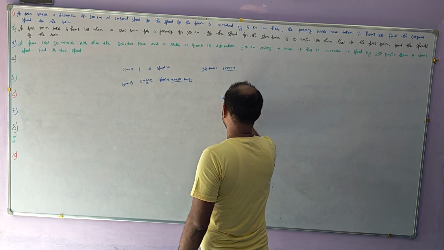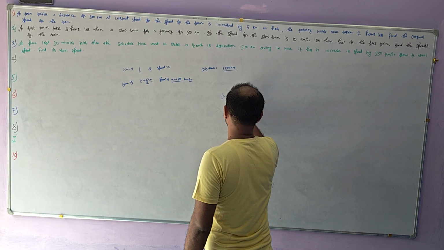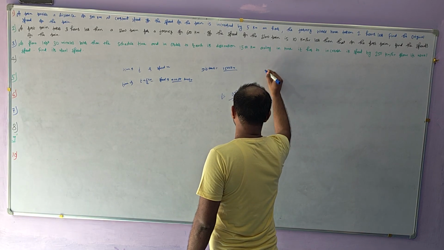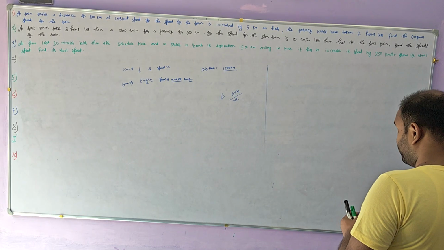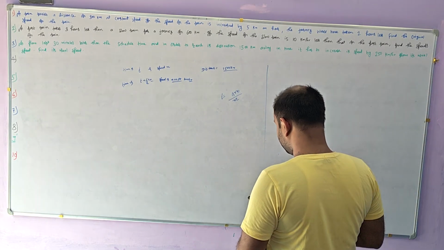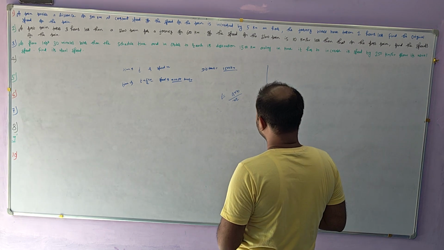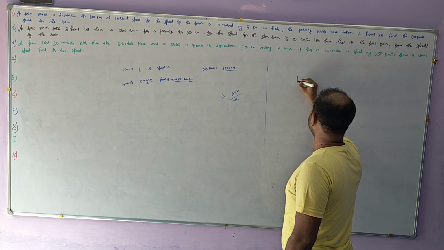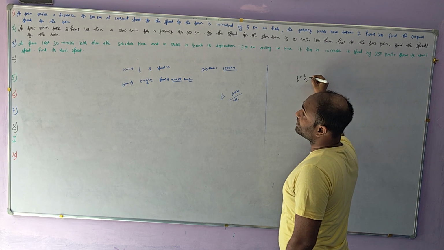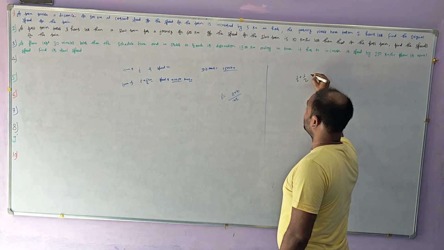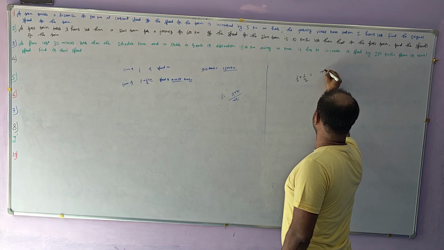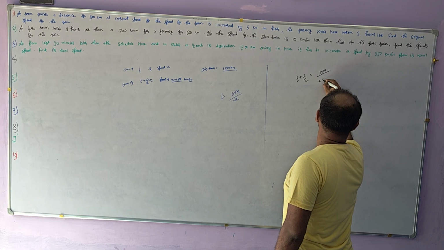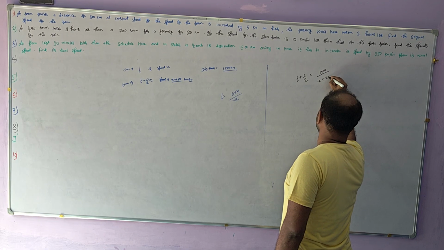So t is equal to 1500 upon x for a normal condition, and according to the question, we have a different condition: time t plus half becomes 1500 upon x plus 250.